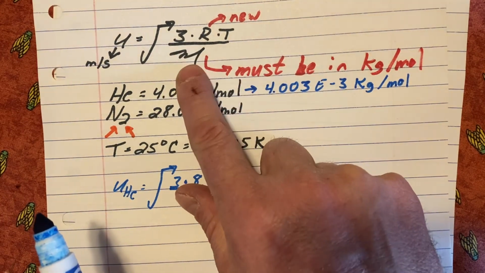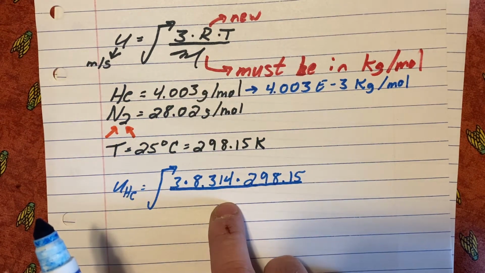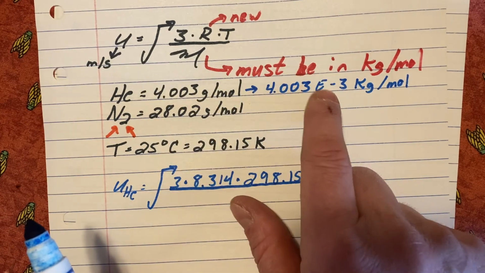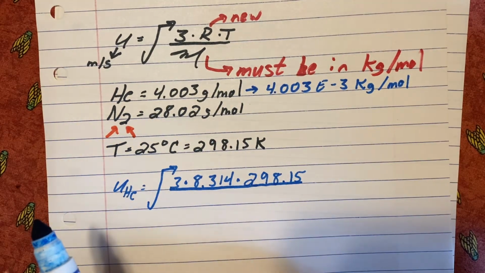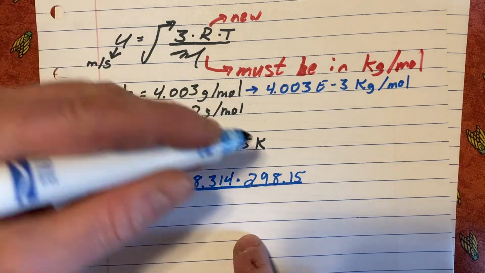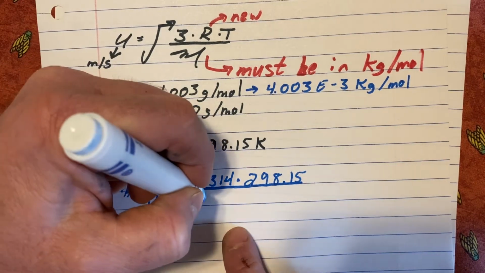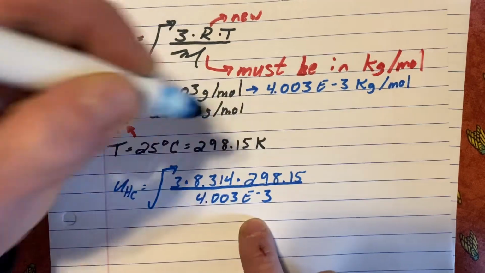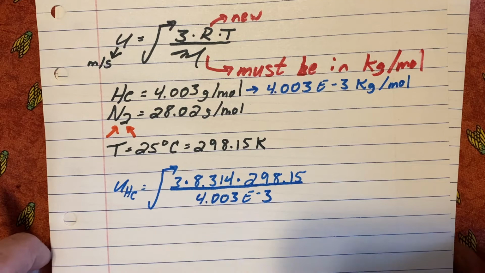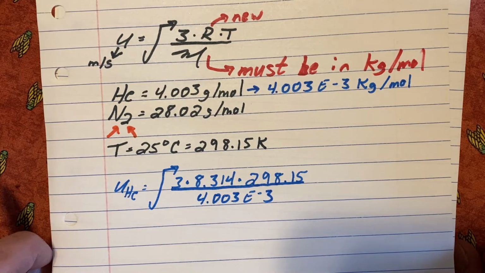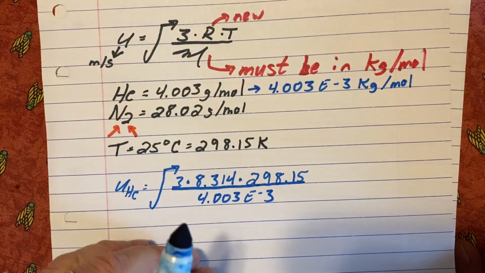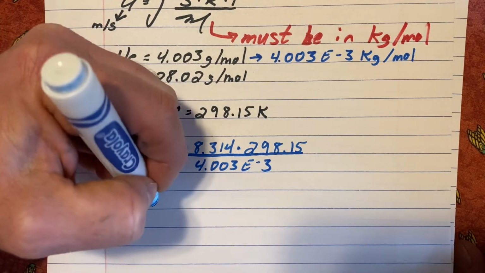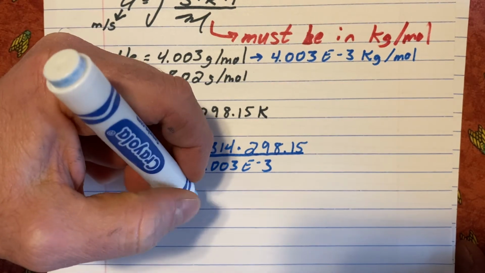So for your gram formula mass down here, instead of using the regular 4.003 right off the periodic table, you just add times 10 to the minus 3, mathematically moving it to the left. So down here, I put 4.003e-3. Put all your units in there, do your math, use your calculator. When I'm done with that, the answer that I got was 1362.6.